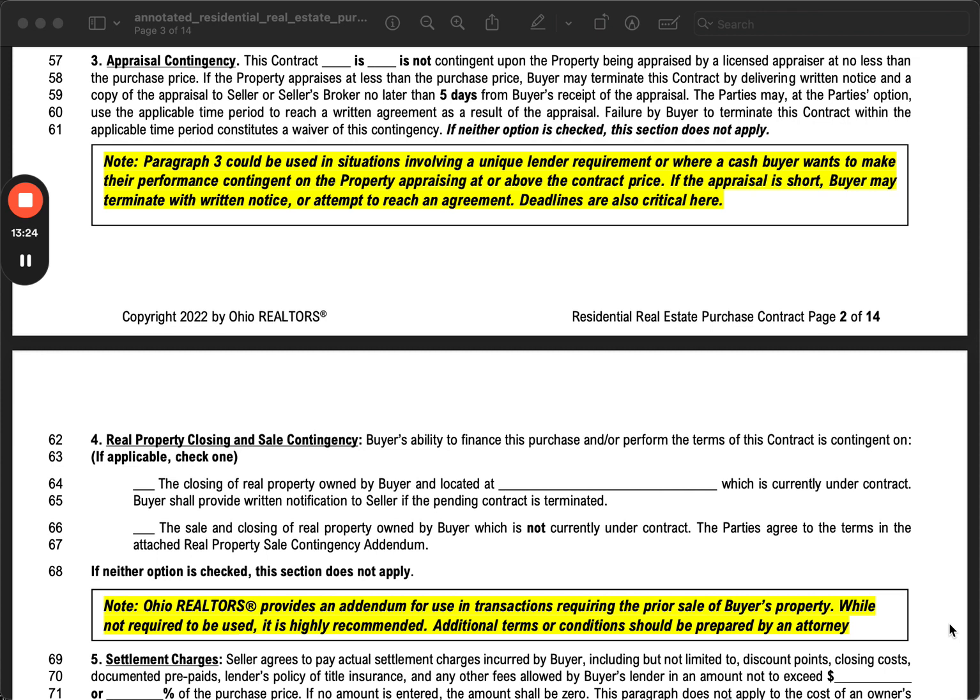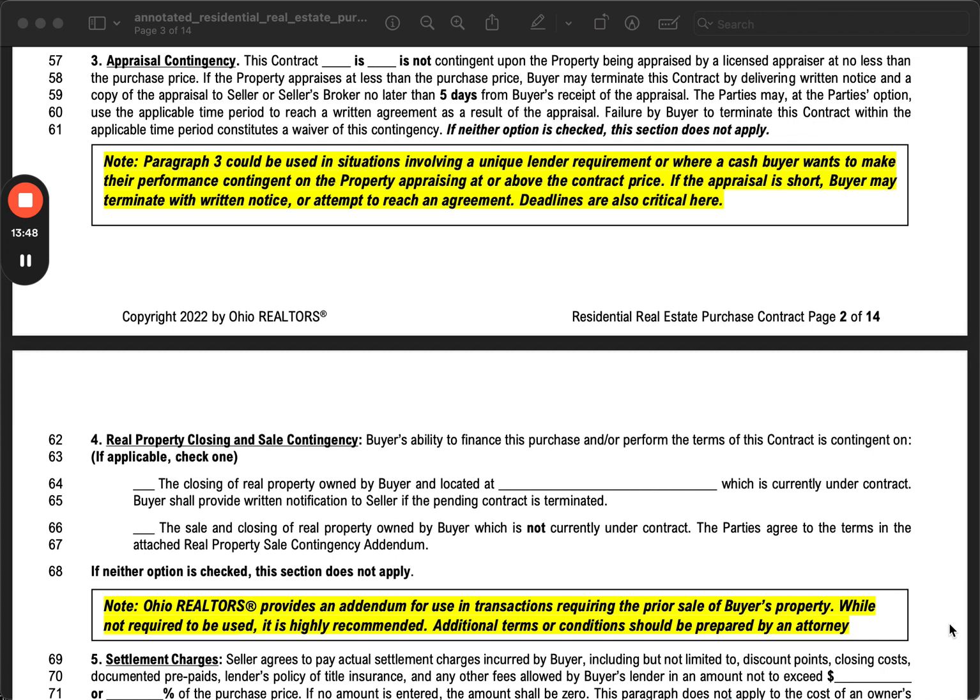Note, paragraph 3 could be used in situations involving a unique lender requirement or where a cash buyer wants to make their performance contingent on the property appraising at or above the contract price. If the appraisal is short, the buyer may terminate with written notice or attempt to reach an agreement. Deadlines are also critical here.